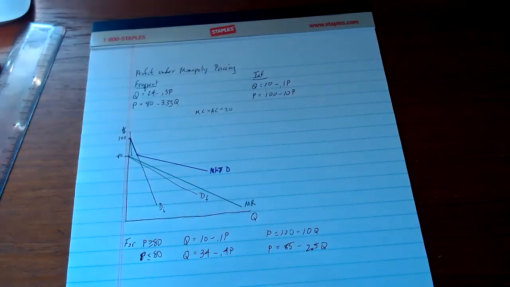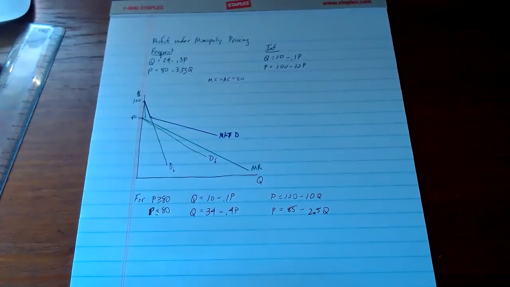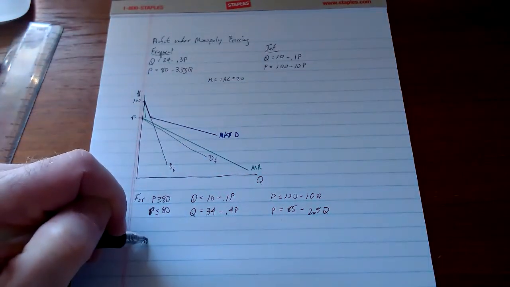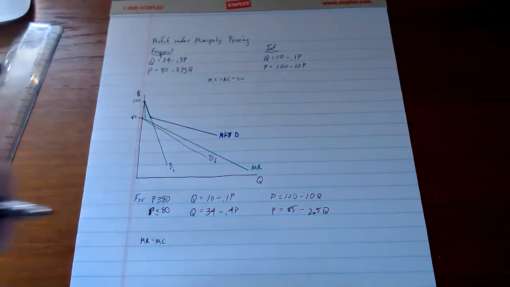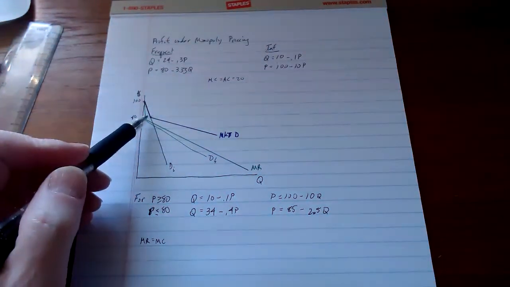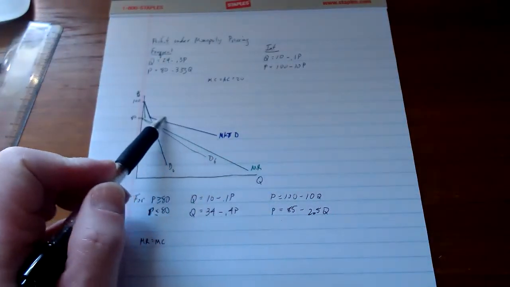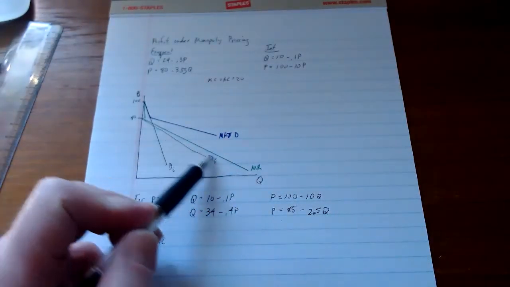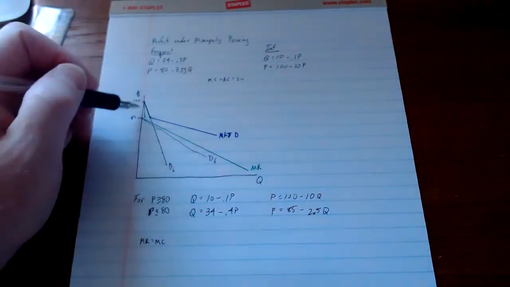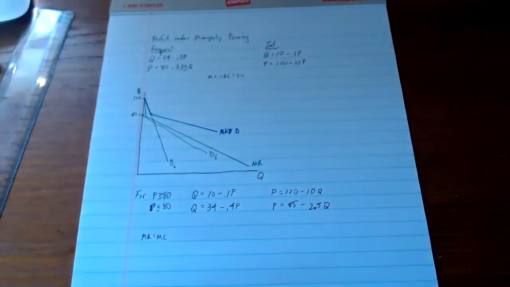And what the firm wants to do then is to set marginal cost and marginal revenue equal. We can see for sure that since marginal cost is always 20, we're going to be on this part of the demand curve and this part of the marginal revenue. So I don't really need to worry too much about this top section.